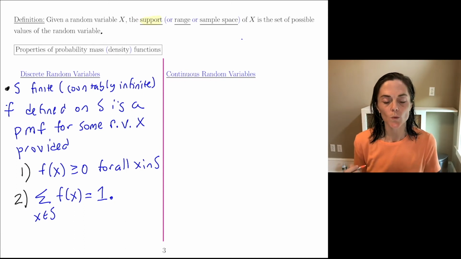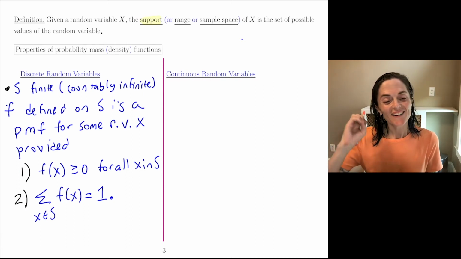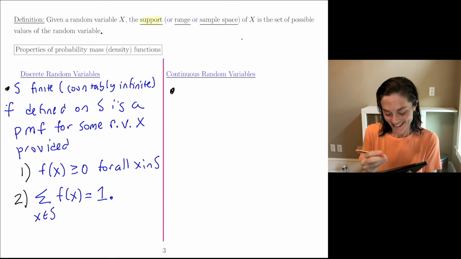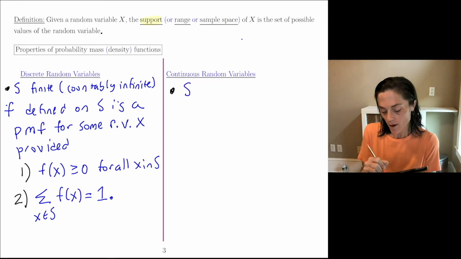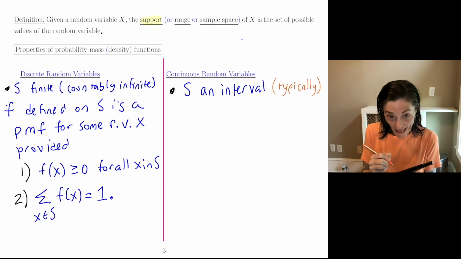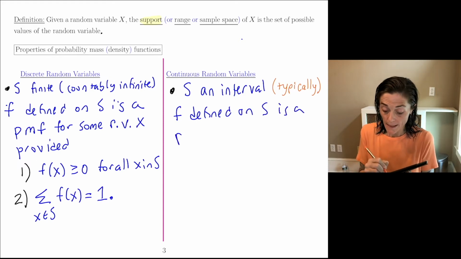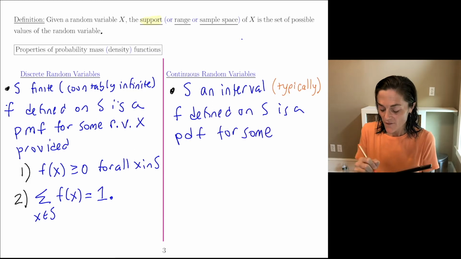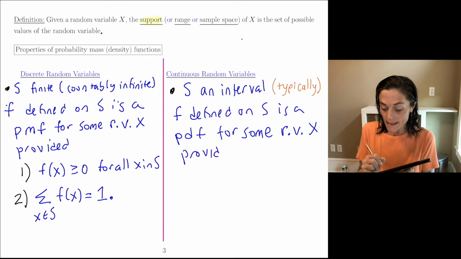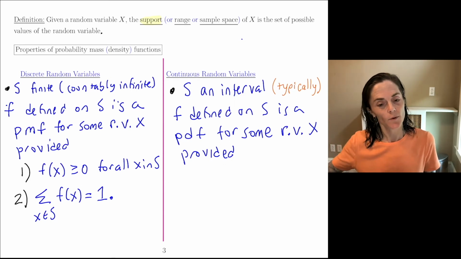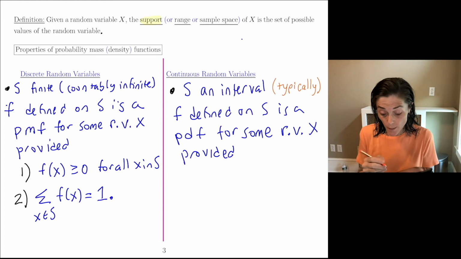Now, in the continuous world, we know that we are not summing here, but we can say something similar. In this world, let's say our S is an interval, typically, and then any function defined on S is a probability density function for some random variable, provided, well, it's almost the same, but we know the world of the continuous random variables and the world of the discrete random variables are different.